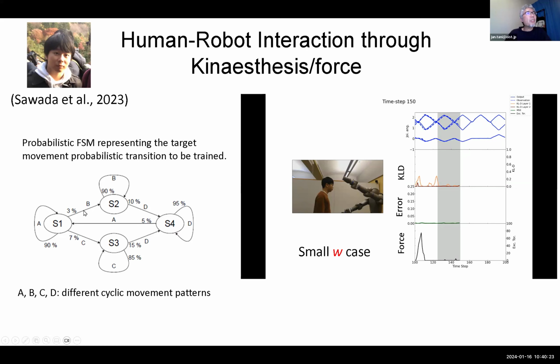So this shows that movement pattern A is generated, and after that, pattern B or C is generated, something like this. Then after training the robot, and the robot is generating movement pattern probabilistic transitions following this, Hiroki induces the robot to make an untrained transition, like generating this one to C.